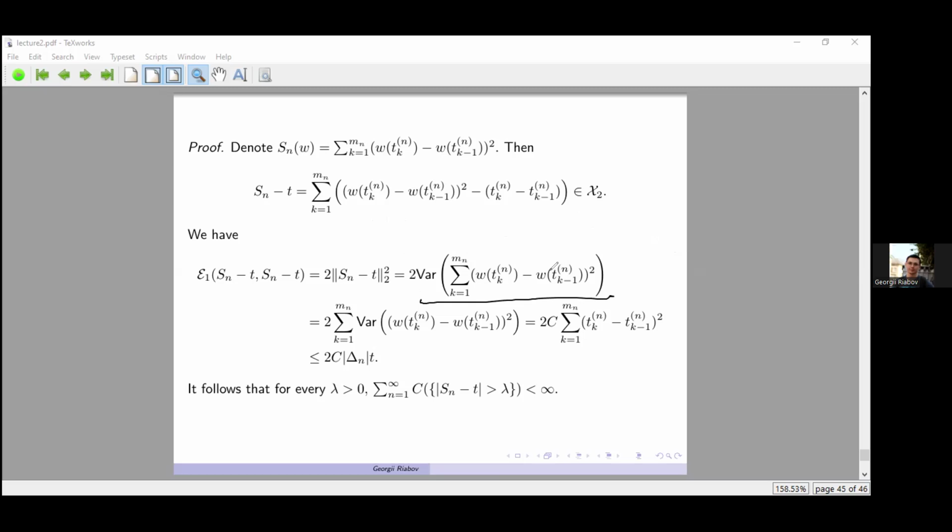Now we can use the property that consecutive increments of the Brownian motion are independent. So the variance of the sum equals the sum of the variances.